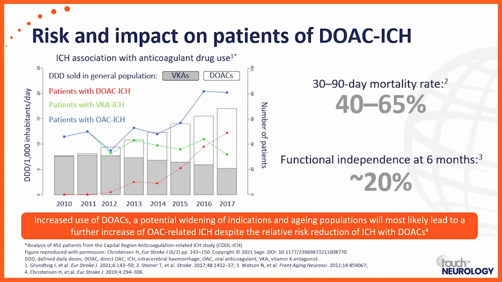At one point we looked at how many people were on OAC, DOACs, or VKA in comparison to how many people actually ended up having an ICH while on treatment. And what we found was that this was closely related to how many people used the drugs.